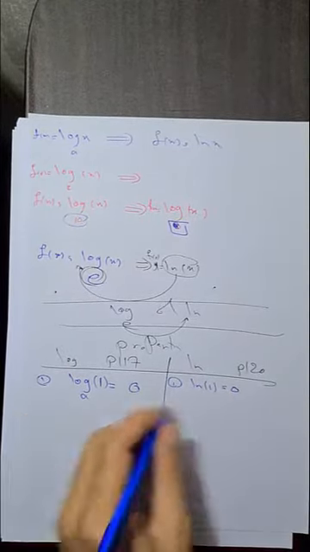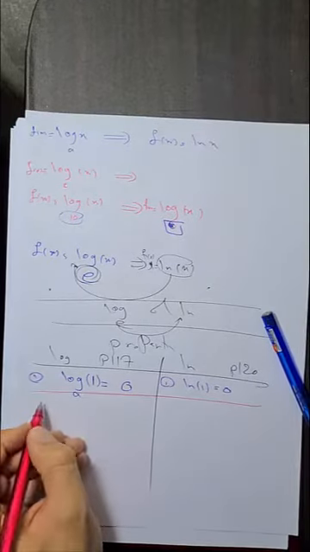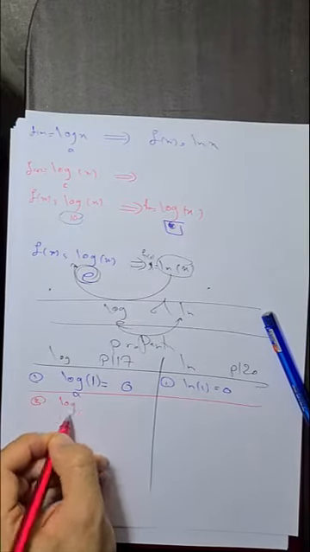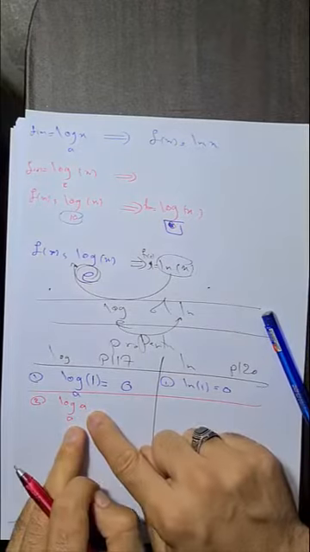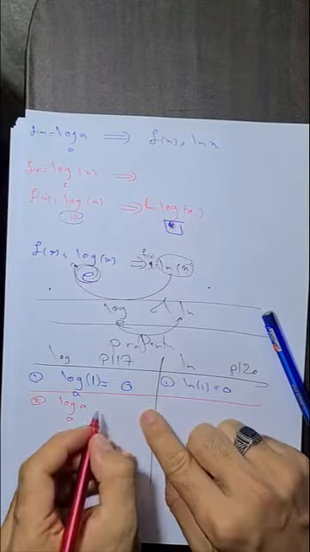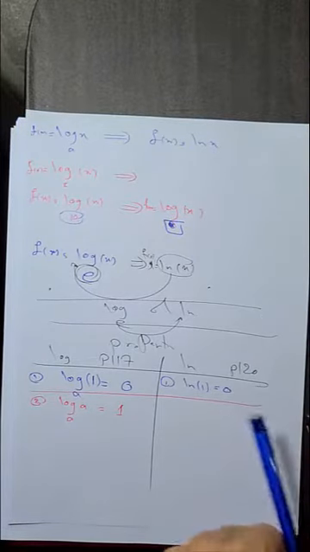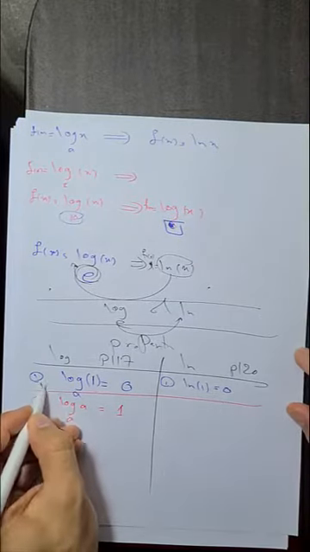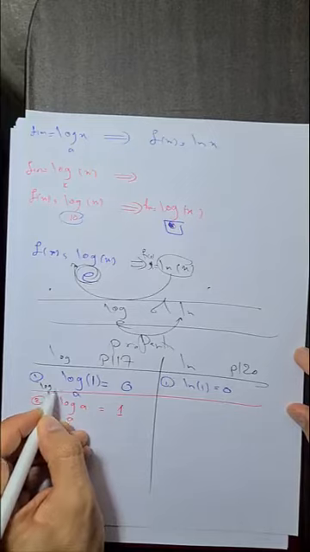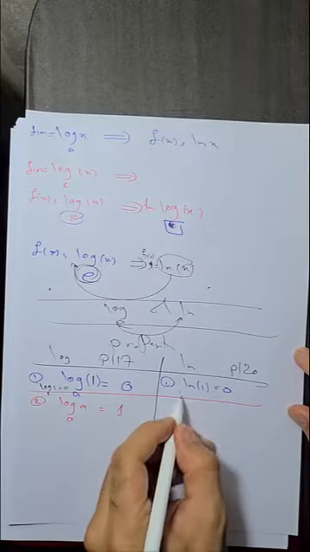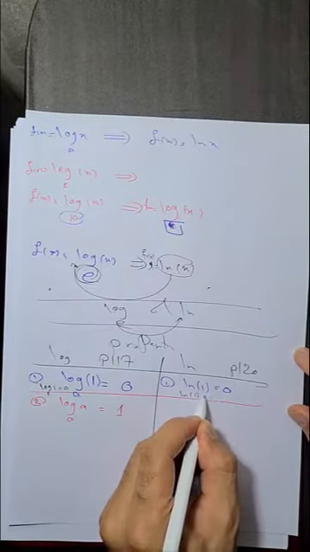Now for the second part, if I have log base a of a, it means that the base is equal to the variable, so I'll get 1. For example, log base 2 of 1 is equal to 0, ln of 1 equal to 0.